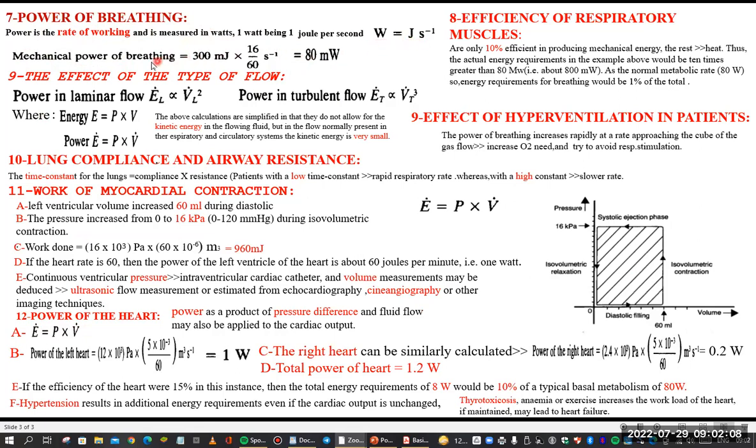You see. So simply speaking, if I have an example of respiration where the work was 300 millijoule, I multiply it by 16/60 to get the joule per second, which is around 80 millijoule.